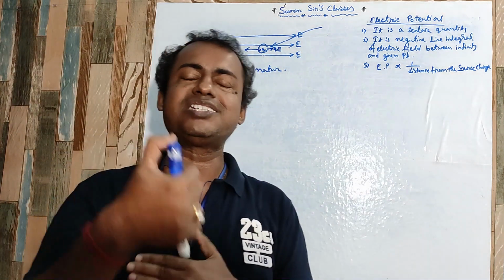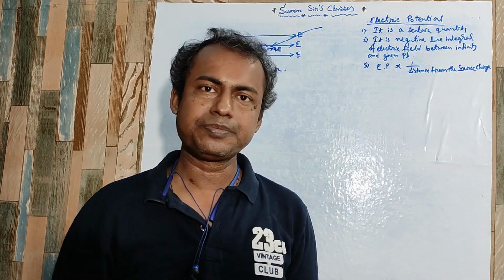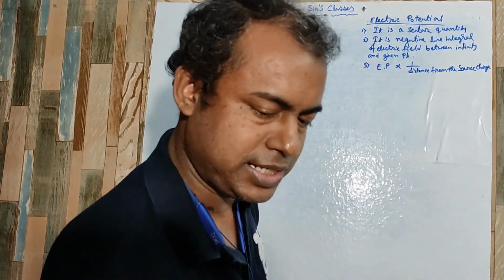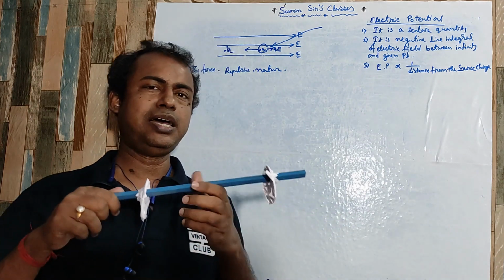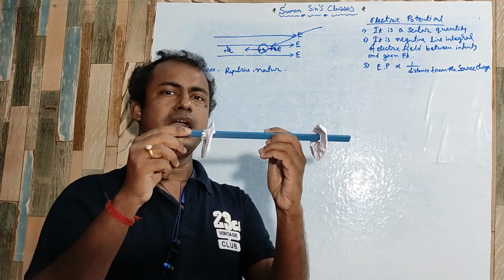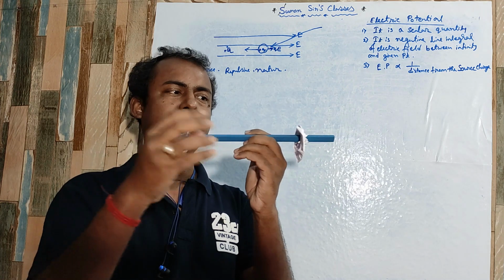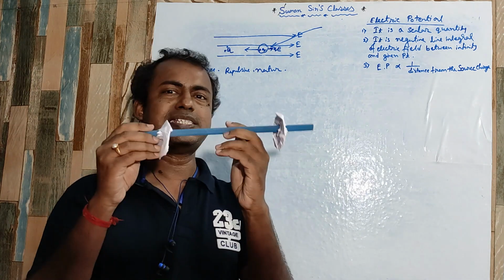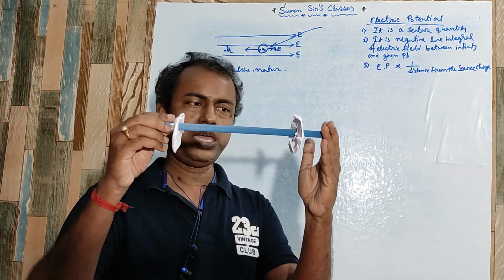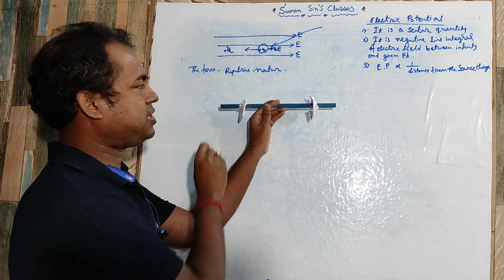So when we apply external force, what has to be done? Let's see. Consider two charged bodies: this one is the source charge, this one is the test charge, and the distance between them is fixed.